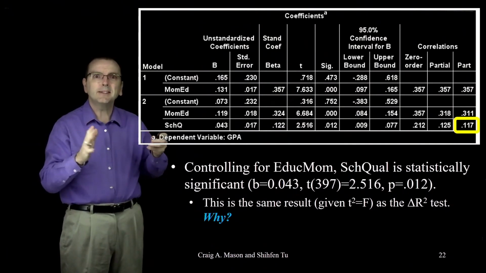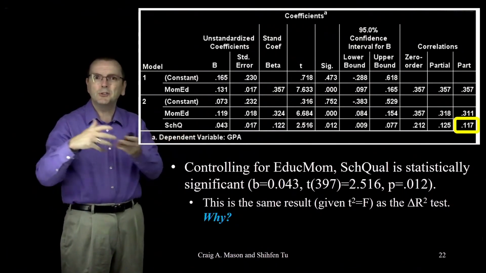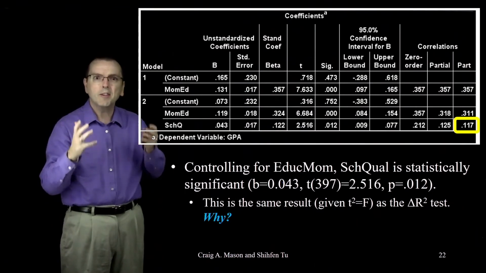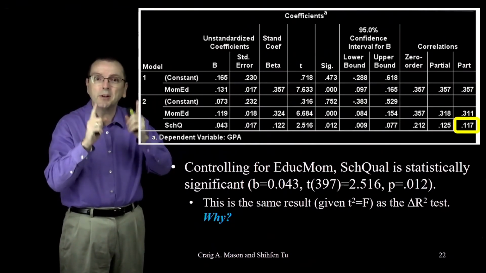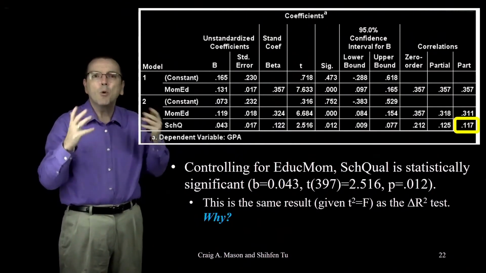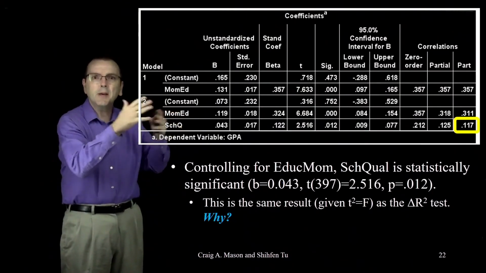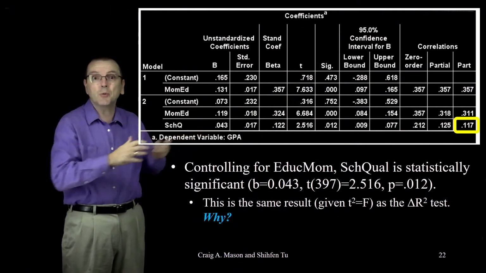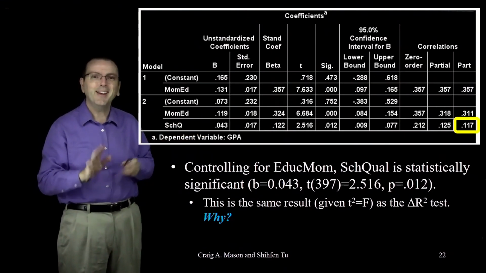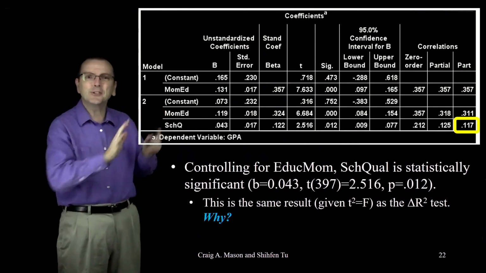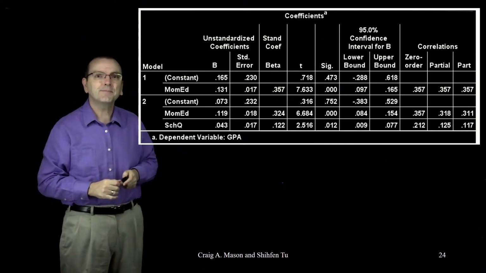So in that case, the change in R-squared and the squared semi-partial are the same thing in that step in which the variable is added. I mean, of course, they won't be equal in subsequent steps because the semi-partial will change as we control for more and more variables. Okay? Just a little interesting thing in case you noticed that.